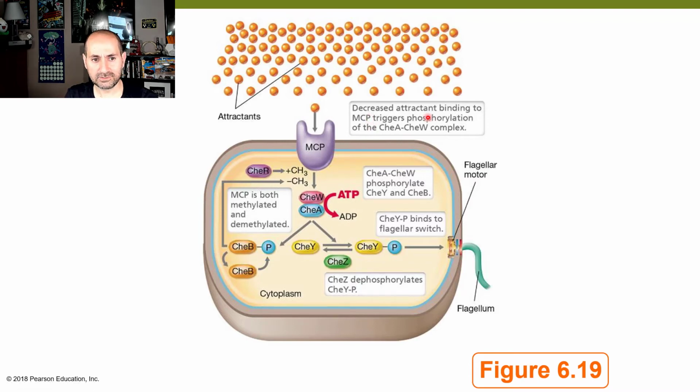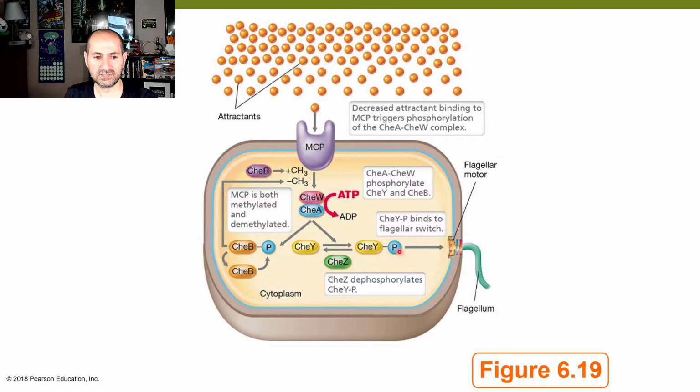That when there's decreased attractant, so not as much attractant, you're trying to get to the attractant, but there's a decrease in attractant, then the MCP receptor, this receptor that senses attractant, triggers phosphorylation of the CheA, CheW complex. So now you've phosphorylated the CheA, CheW complex, which then in turn phosphorylates CheY to phosphorylated CheY.